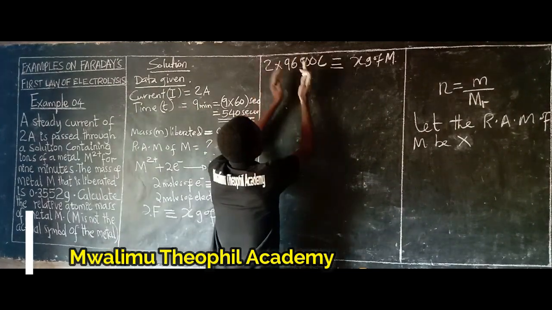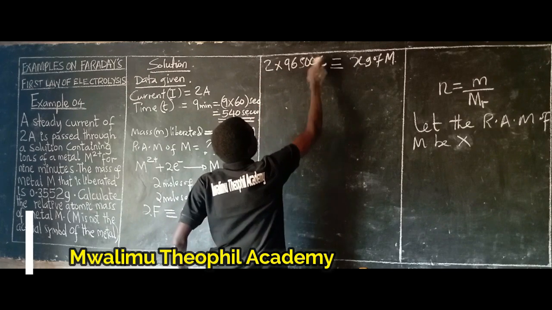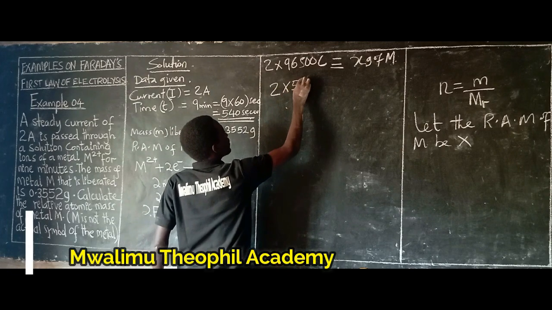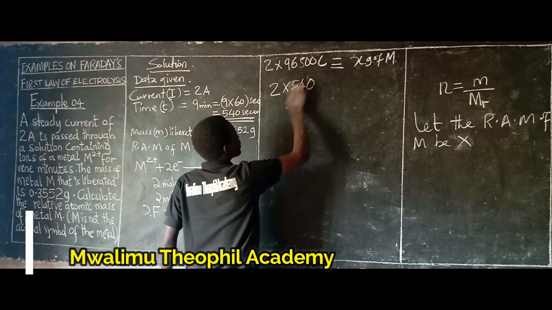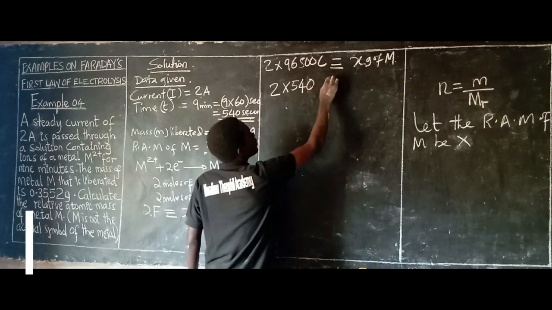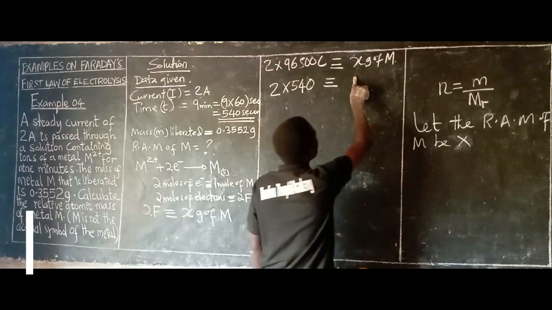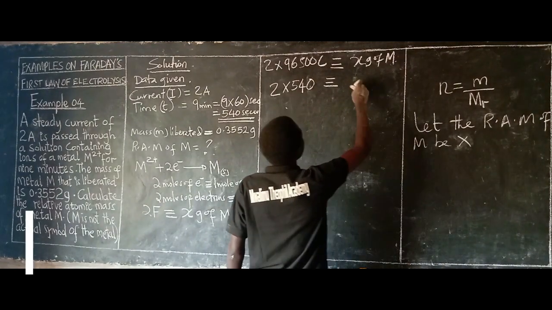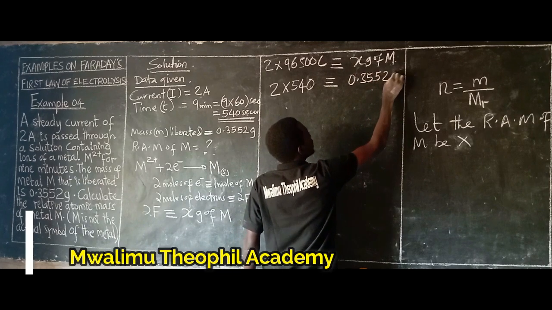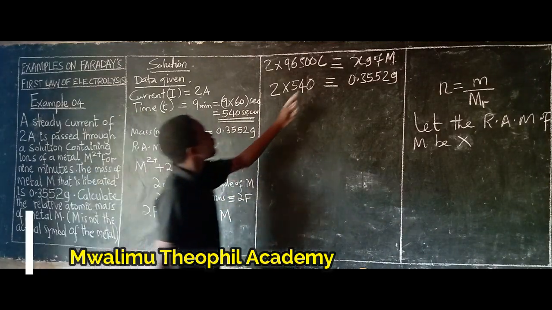On the left hand side we have the charge in coulombs: 2 ampere times 540 seconds, so as to get the charge from the data of the question. This will be equivalent to the mass liberated. What mass of metal M was liberated? The mass liberated was 0.3552 gram.